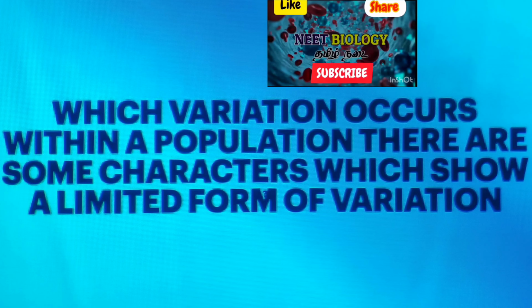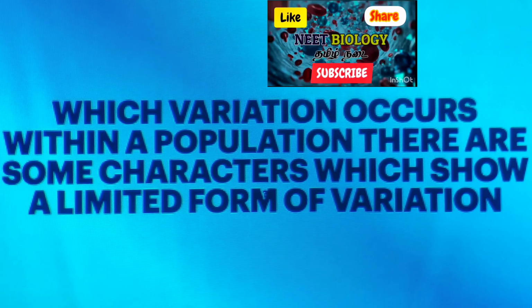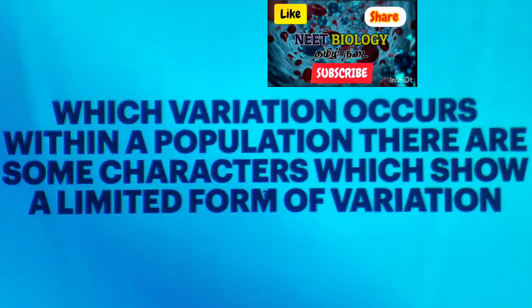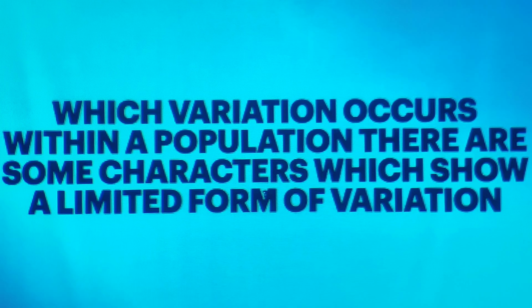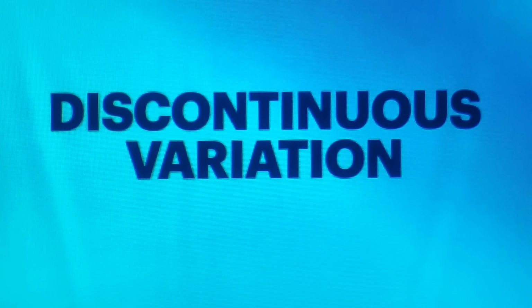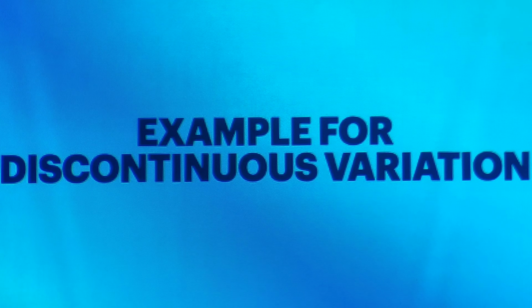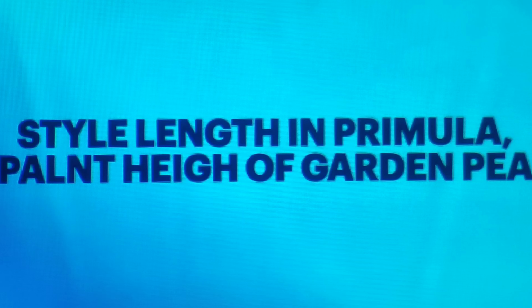Which variation occurs within a population? There are some characters which show a limited form of variation. Discontinuous variation. Example for discontinuous variation: style length in primula, plant height of garden pea.